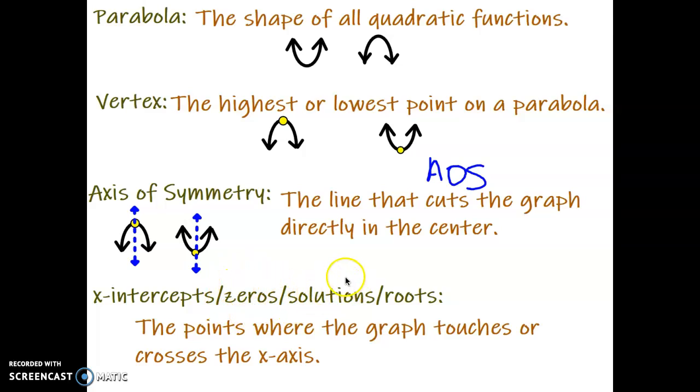If we take a quadratic equation and set it equal to 0 and solve it, those are the answers that we get, so we call them solutions. And they are also called roots of the polynomial. So any of those terms could be used interchangeably, and you need to be familiar with all of them.